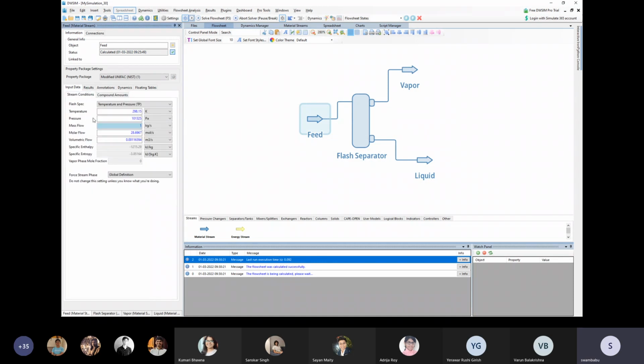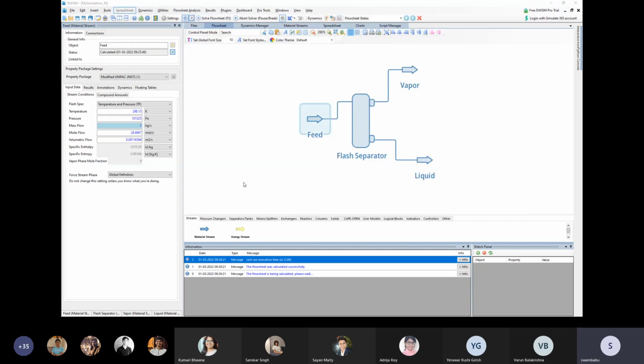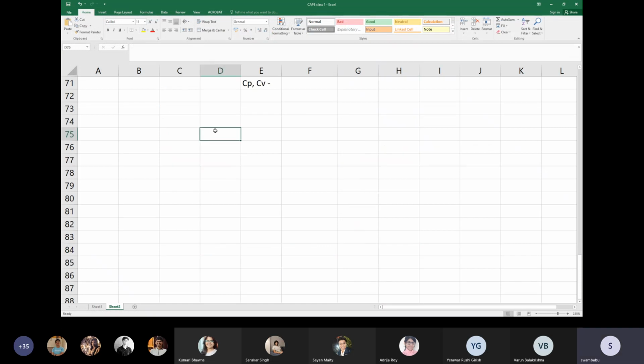The feed temperature is 298 Kelvin and feed pressure is 101325. So at 298 Kelvin and 1 atmospheric pressure, ethanol plus water will be in liquid state.